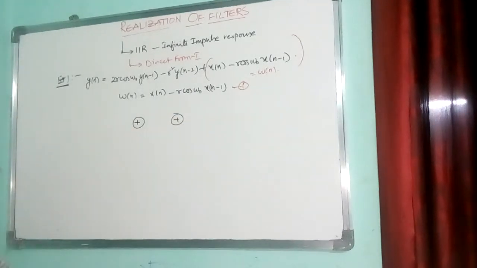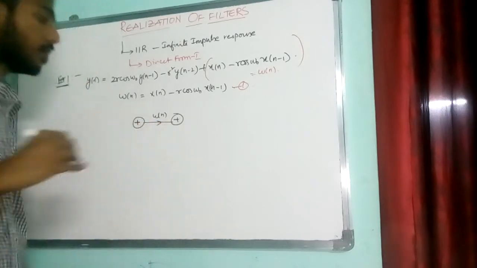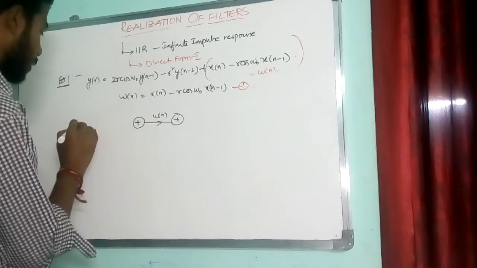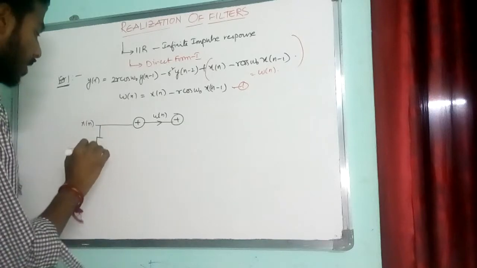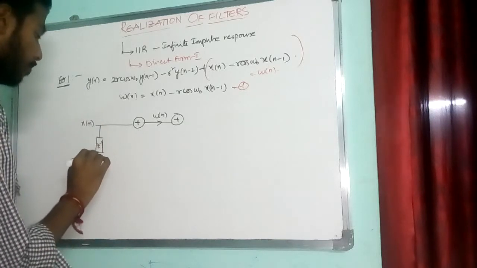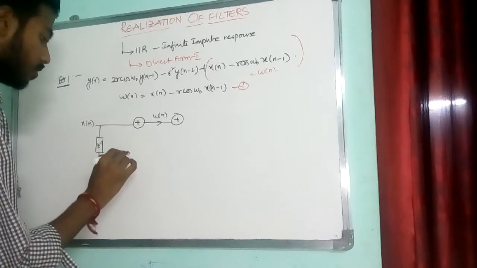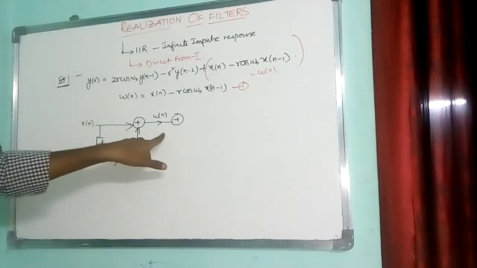Okay, because we need two adders. From here I am getting my w of n. What is my w of n from this? It is my x of n, which is delayed by one time unit and is multiplied by minus r cos omega naught, giving my w of n.